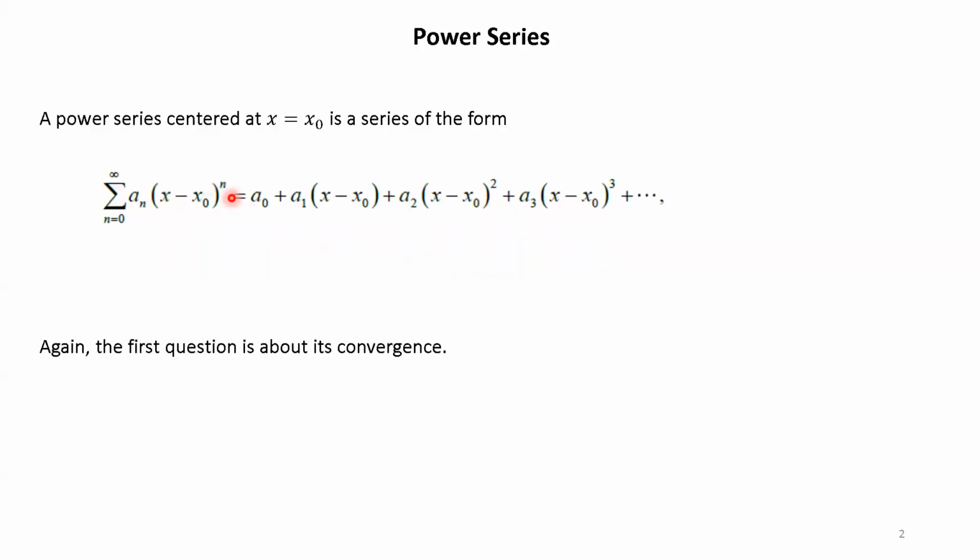In the previous part of this chapter, I showed you a number of test methods to test whether a series is convergent or divergent. Here, to test a power series, almost all of the time we are going to use the ratio test.